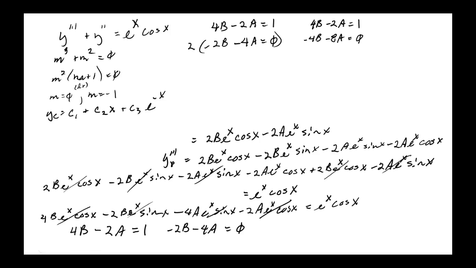Right? If you add those two equations together, you eliminate your b's. That gives you minus 10a is equal to 1, which implies that a is equal to minus 1/10. And let's see, yes, that works fine.